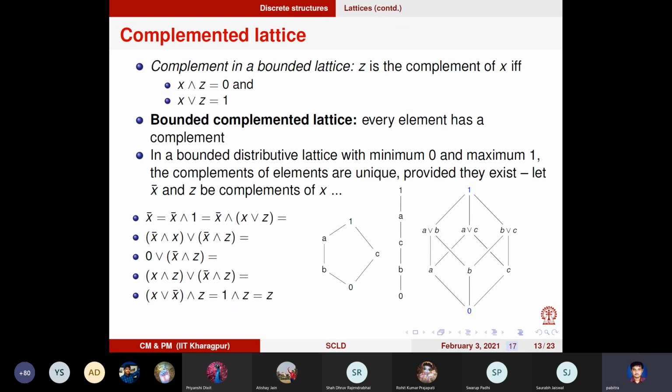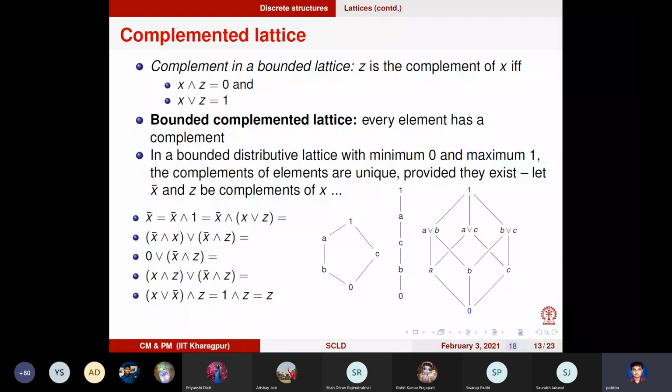What is the complement of C? A join B. What is the complement of B? A join C. And the complement of 0 is 1, the complement of 1 is 0. So you have also seen that there are unique complements. You have only one complement for every element.